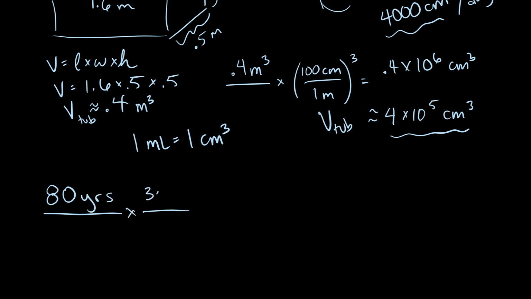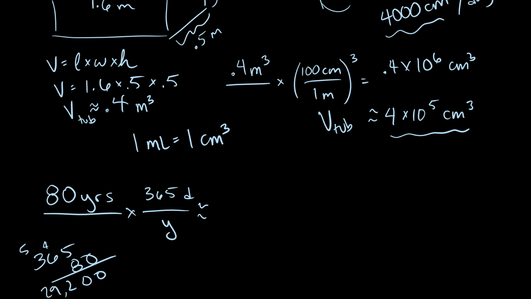Times 365 days per year, and yes, it's 365.25, but we're just estimating, so we'll leave off that 0.25. Here I might have to do a little bit of calculation. 6 times 8 is 48, so that's 52. We got 24 and 5 is 29.